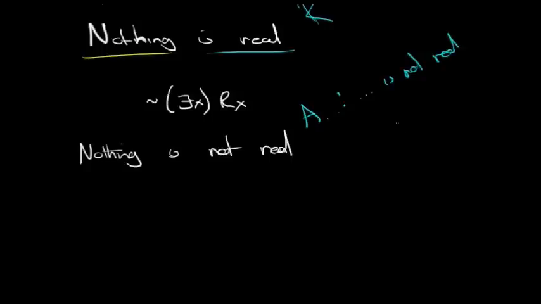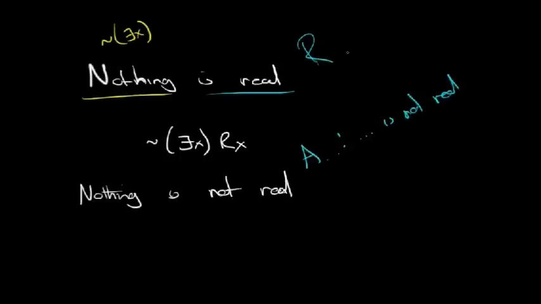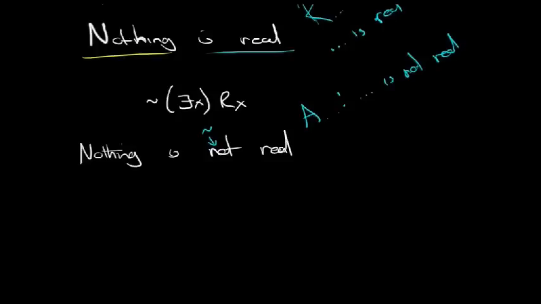Just like in PL, we can make use of the same predicate R, which was "something is real," and just make use of a negation. When we've got a "not" here, this designates that we're going to use a tilde, a negation symbol. So we'd have much the same thing.